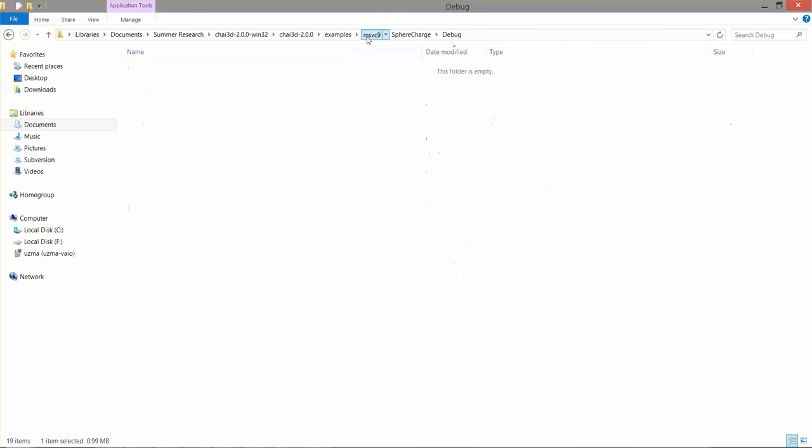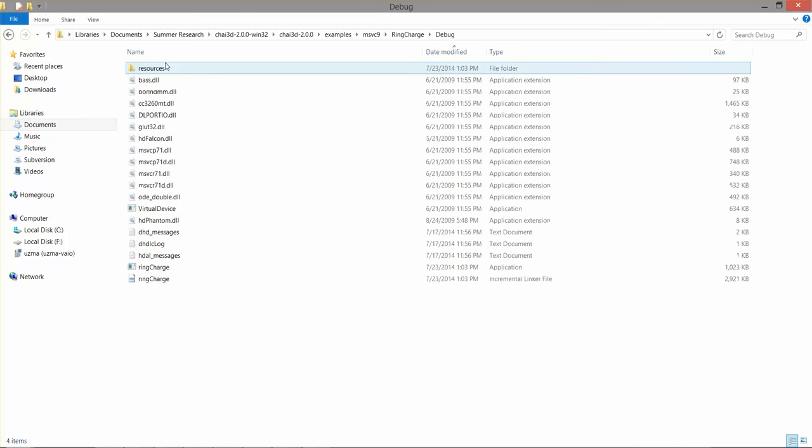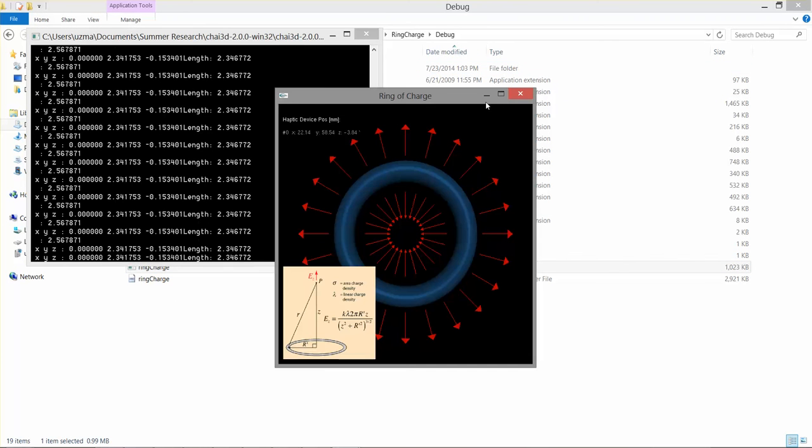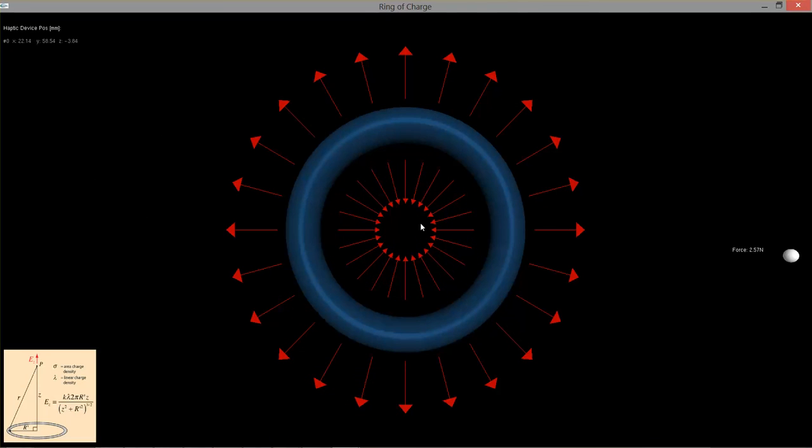So if I go back to ring charge, as you can see in the simulation, this is a ring charge, and the electric field inside the ring charge is pointing radially inwards, and the electric field outside the ring charge is pointing radially outwards. And inside, the electric field increases as we move from the center to the circumference.